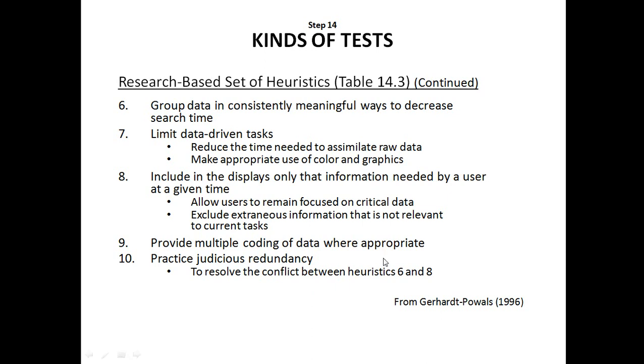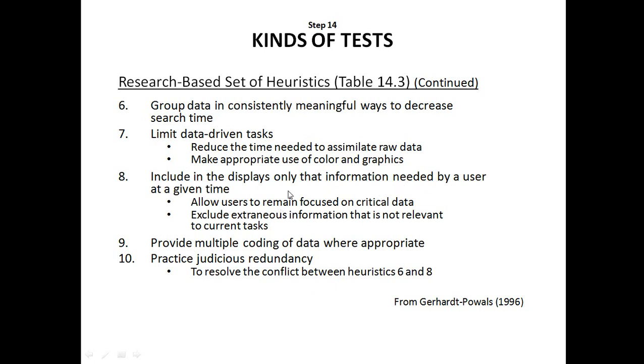Group data in consistently meaningful ways to decrease the search time. Limit data driven tasks, that is reduce the time needed to assimilate raw data. Make appropriate use of color as well as graphics. Include in the display only that information needed by the user at a given time.